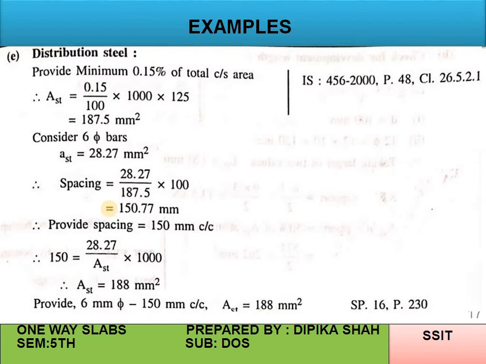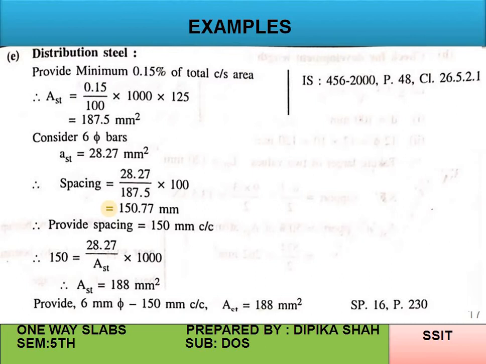Now we will provide a distribution steel. So as we know, a criteria for the distribution steel, a minimum distribution steel should be 0.15 percentage when our Fy is Fe 415, sorry, Fe 250.